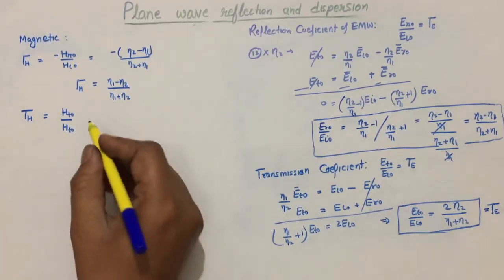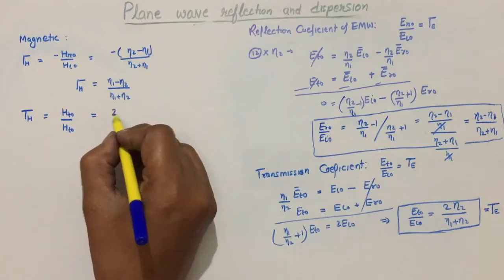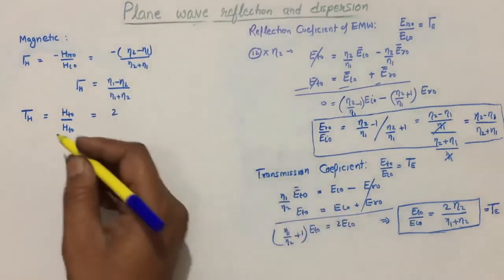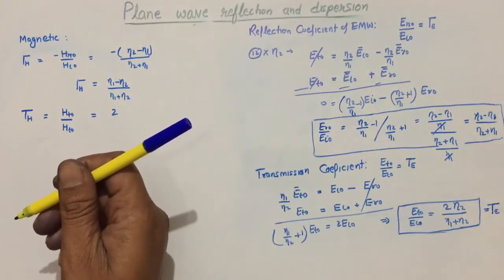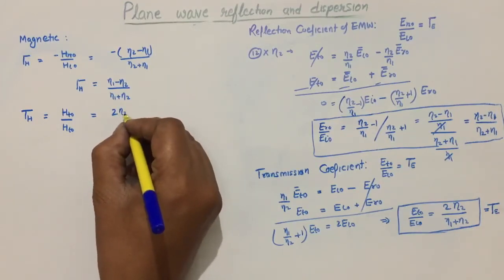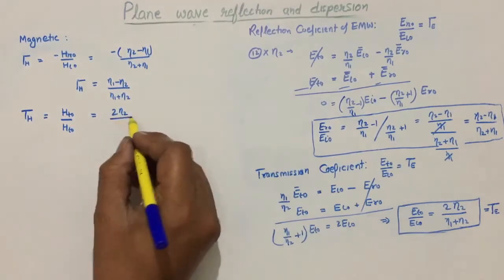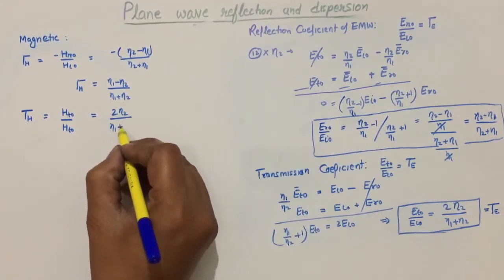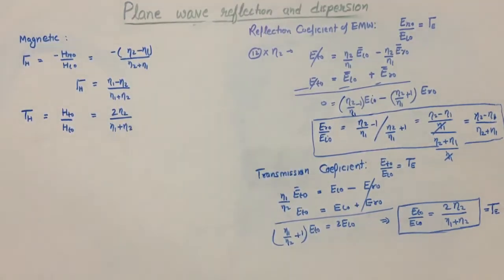So on the basis of that, it will be 2 eta 2 divided by eta 1 plus eta 2.